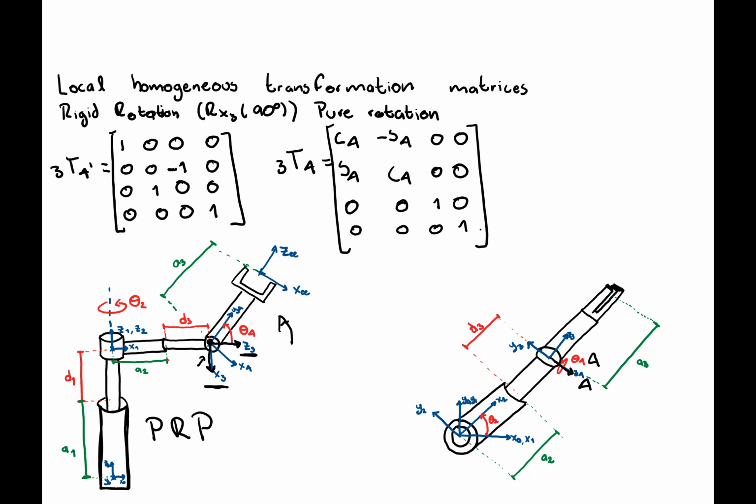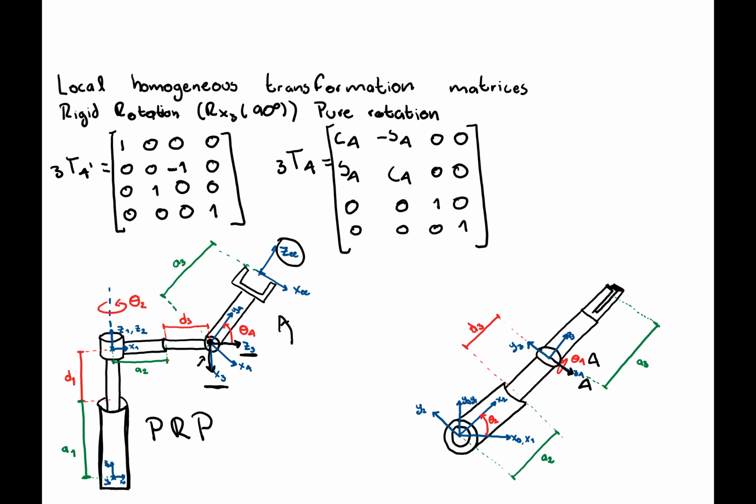Okay, so now we want the transformation to the end effector. And this is basically going to be a rigid rotation and a rigid translation. So the rigid rotation is to match our z-axis that is pointing outside of the end effector here, Z EE. So our Z, now in Z4, is pointing outside of the slide, and now we want to rotate it to point in this direction.